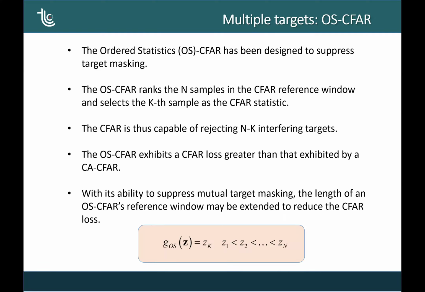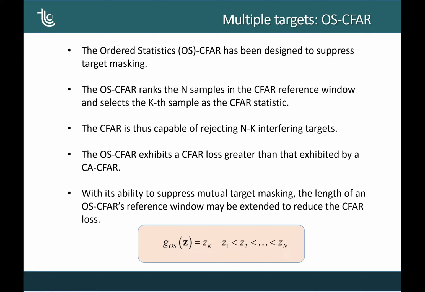So in this way, you are able to reject n minus k interfering targets. And this way, the OS CFAR is able to suppress the mutual target masking.